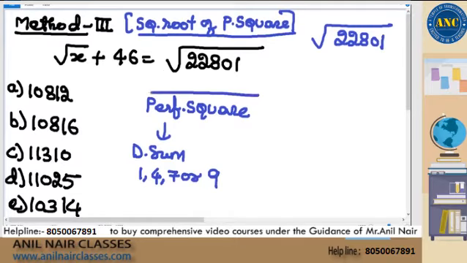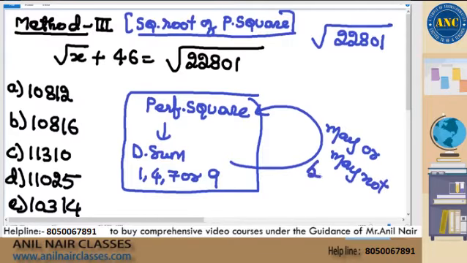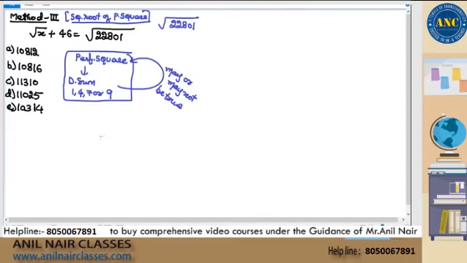But the reverse, every number with digital sum 1, 4, 7 or 9, may or may not be a perfect square. Suppose it is root 13, it is a non-perfect square, because even though the digital sum of 13 is 4, a perfect square never ends with 2, 3, 7 or 8. I hope it is clear.